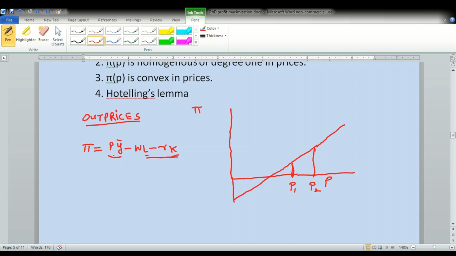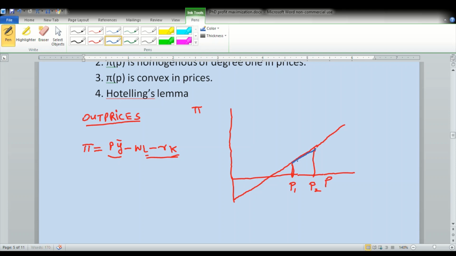But revenue is increasing because P has increased, and so profit will be increasing even if you are not adjusting the output and input to take advantage of the increase in output price. So there is something that will be happening. You will be moving, for example, from this point to this point if you do not change your output.